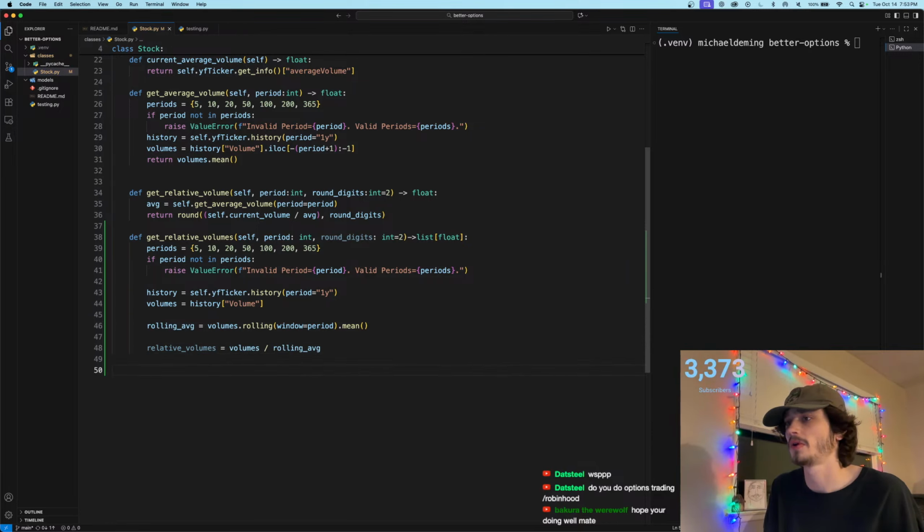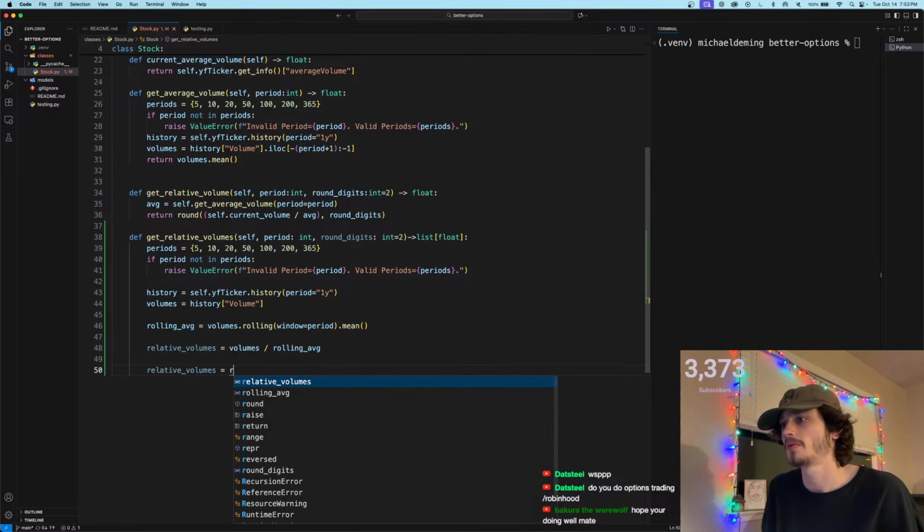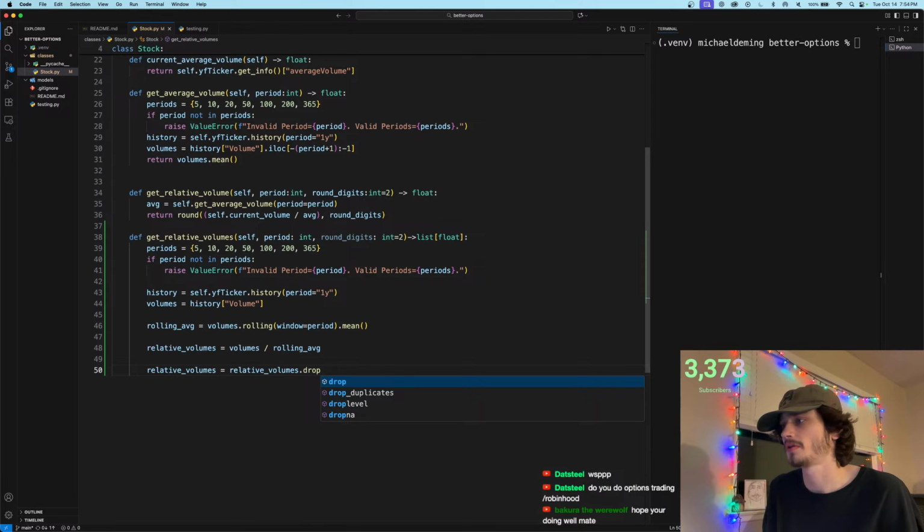Then you have relative volumes equal to relative volumes dot drop the NaN, just in case there are any.